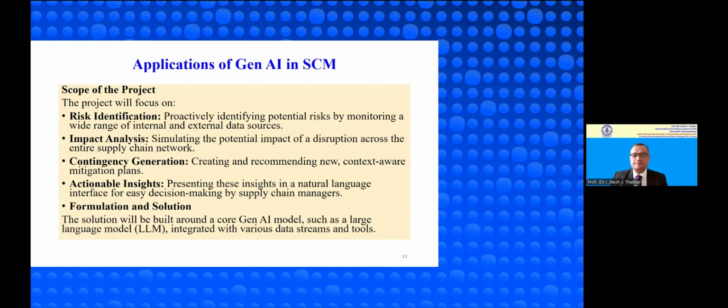Actionable insights, presenting these insights in natural language in an interface for easy decision making by supply chain managers. And formulation and solution. The solution will be built around a core Gen AI model, such as a large language model, typically called an LLM, integrated with various data streams and tools.